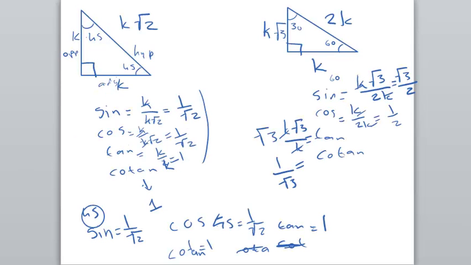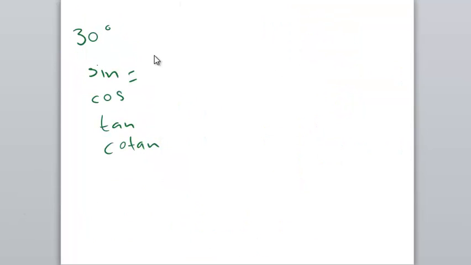So what about 30 degrees? Now let's do for 30 degrees. For 30 degrees it will be like this: sine, cosine, tangent, and cotangent. So sine 30 is opposite over hypotenuse, which is equal to k over 2k.